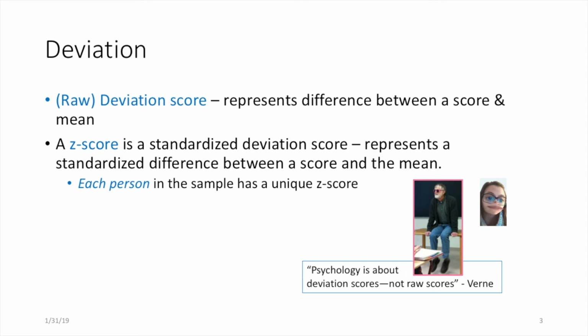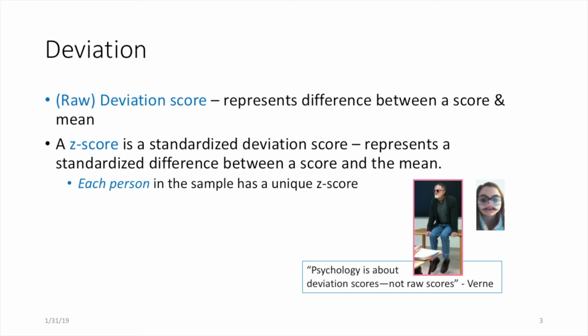So when we estimate the standard deviation of the sample, that is allowing us to take each individual score in the sample and calculate it in reference to a standard. So as I said, now we can know how a person scored, not just relative to the mean, but relative to everyone else in the sample.